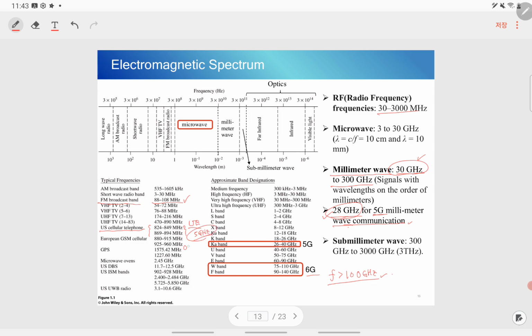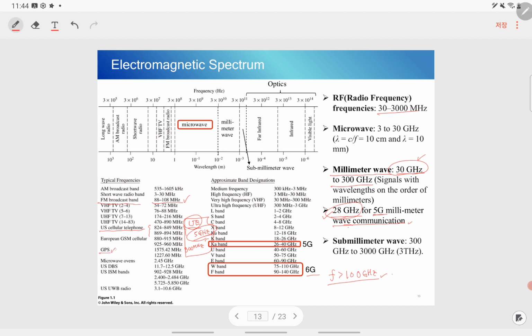So 800 megahertz to 5 gigahertz band. LTE uses a very wide frequency band. Even though the band is very small, LTE uses quite a large bandwidth of this spectrum.